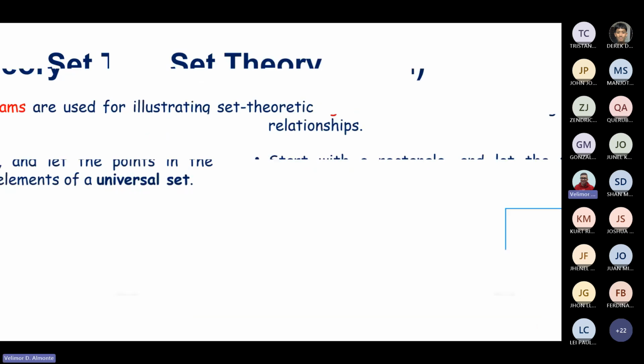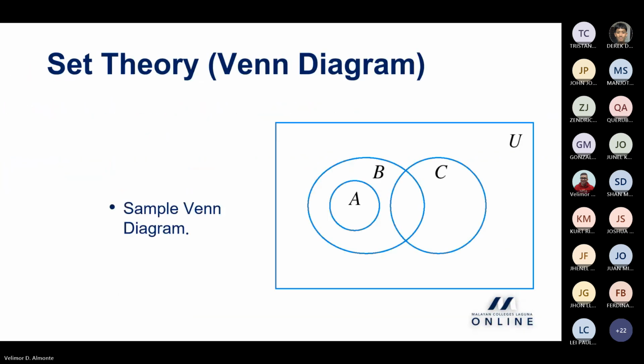So you can, for example, create circles there under the universal set. Some sets can have overlaps. A is a subset of B, as you can see, but all of these sets are automatically subsets of the universal set U.